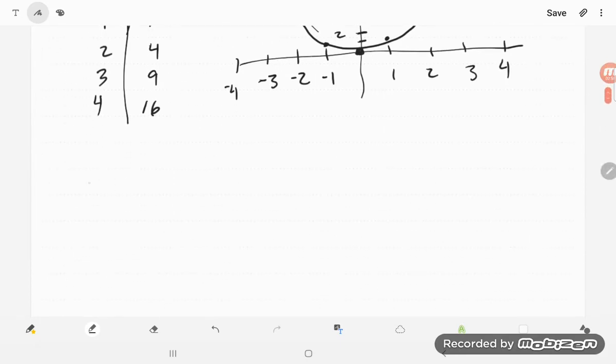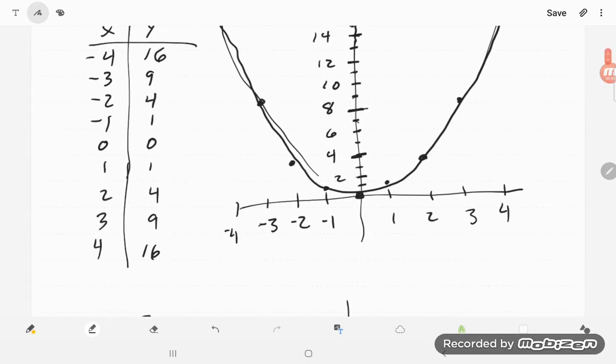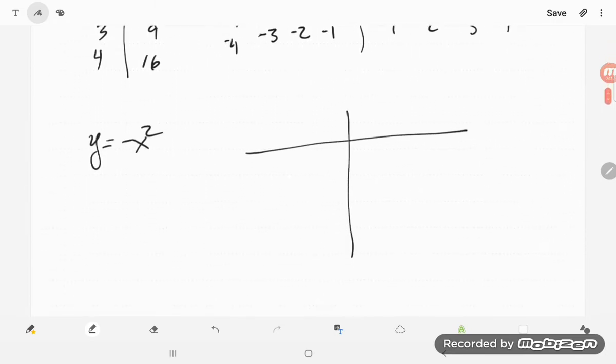If I go to something as simple as y equals -x squared, I get all these same points, but now instead of 16, 9, 4, and so forth, they're all negatives. And so in this case, it would be a parabola opening down.